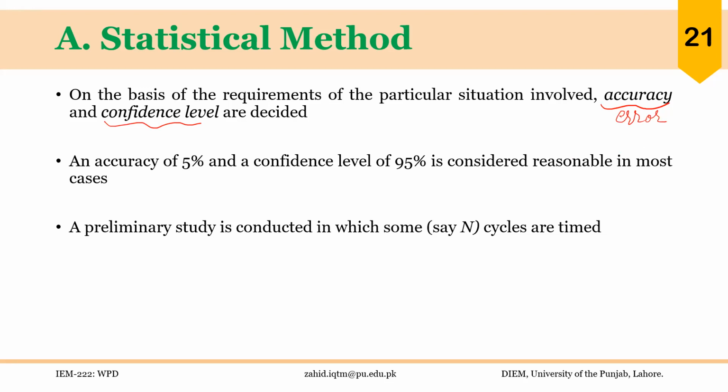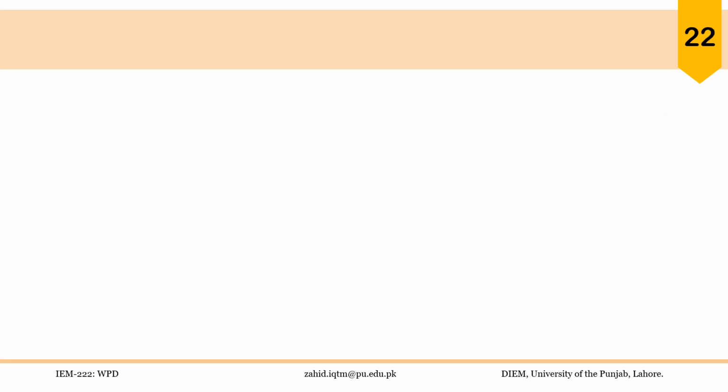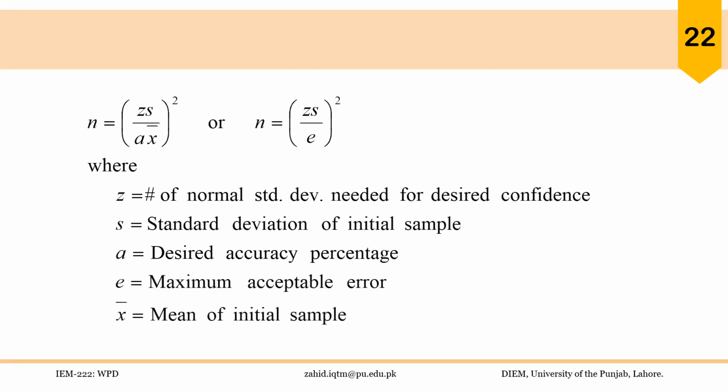Using the statistical method, we need to have a preliminary study in which some cycles are timed so that we can find the average and standard deviation. So we could use 2 formulas. This one: N is equal to (ZS over A X bar) whole squared. Here Z is the number of normal standard deviations needed for the desired confidence.